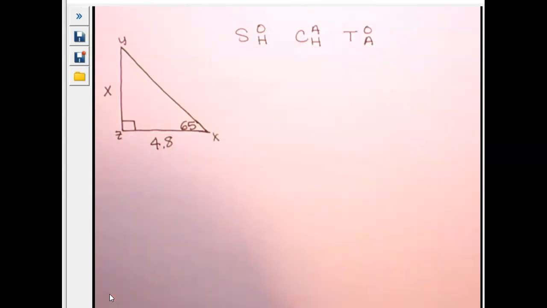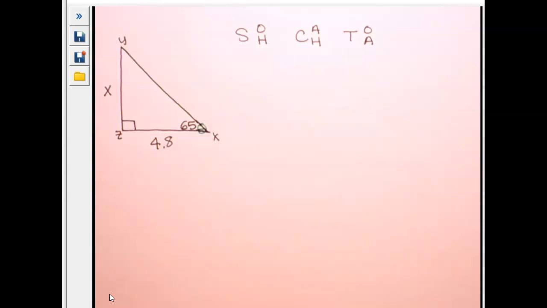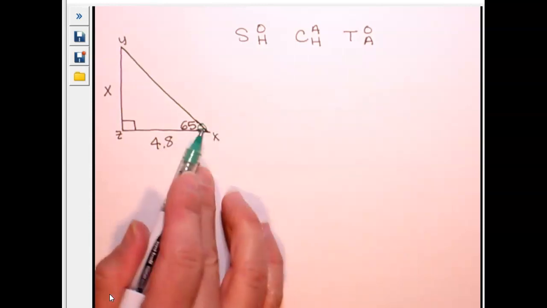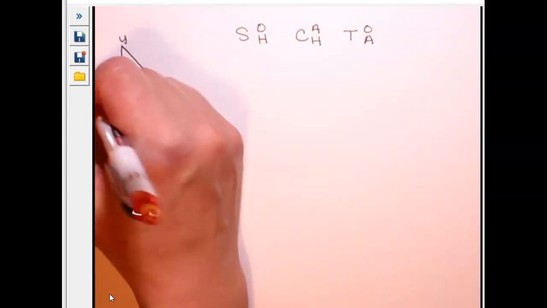Okay, and again, very first thing that we want to do, find theta. Theta is always going to be either the angle measure that you're finding or the angle measure that's labeled. So there's our theta. And if we go across from theta, that's going to tell us where our opposite side is.